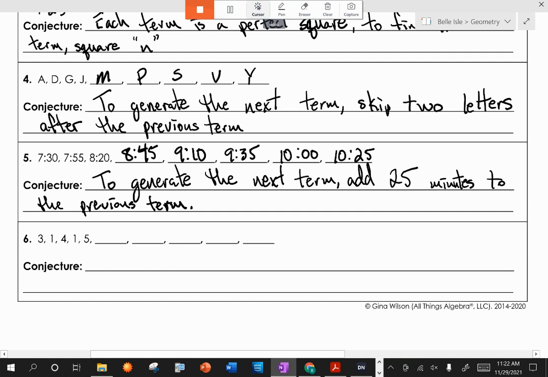You can check yourself, and if you did not get the correct terms, then you'll probably want to adjust your conjecture. I will give you 2 minutes to see if you can fix number 6 for yourself.